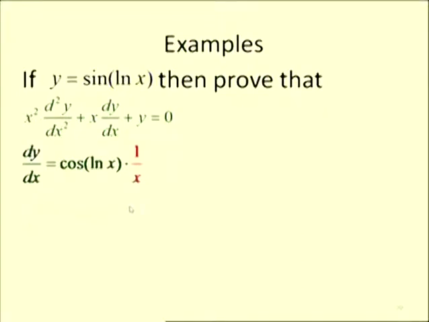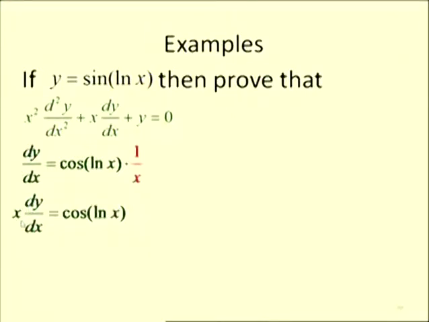Now in dy by dx, this x, if we take on the opposite side, it becomes x dy by dx. So x dy by dx is equal to cos log x. So this x we have taken on the opposite side, so it was in the denominator here, so it will be in the numerator if we take it on the opposite side.